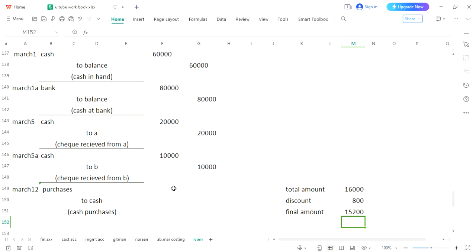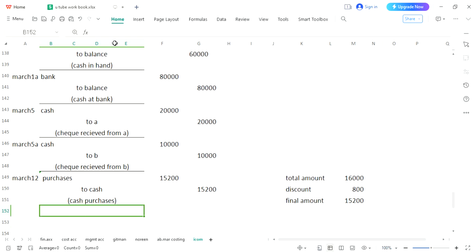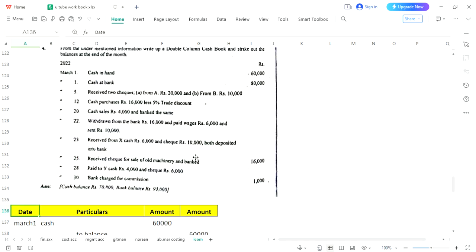So we are going to write 15,200 on the debit side, and the same amount on the credit side. I request you to please rewind the video lecture for a few seconds and repeat how we have calculated 15,200. All right guys, the March 12 entry is completed.